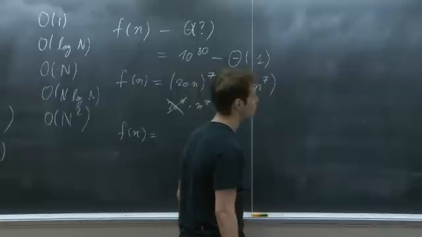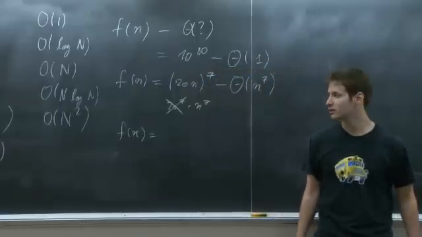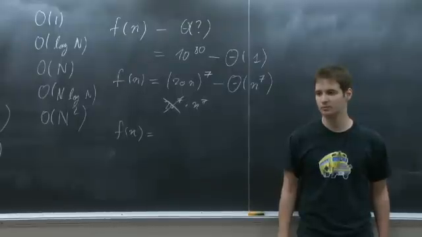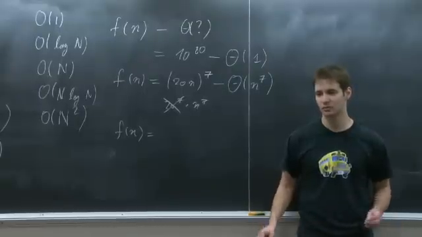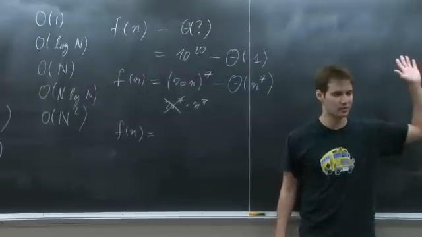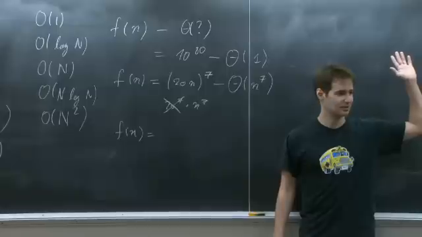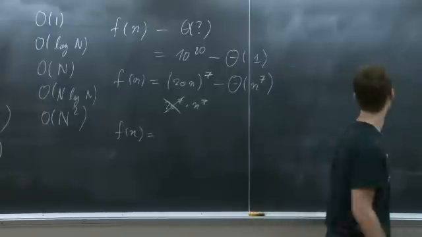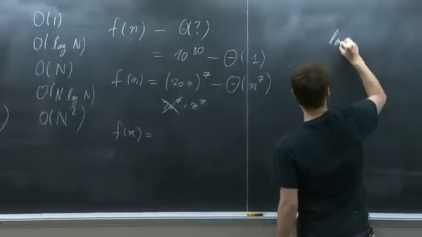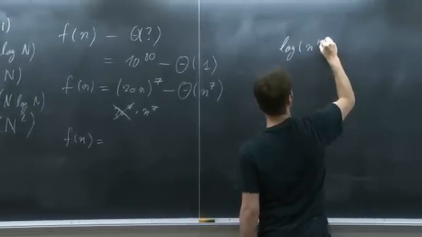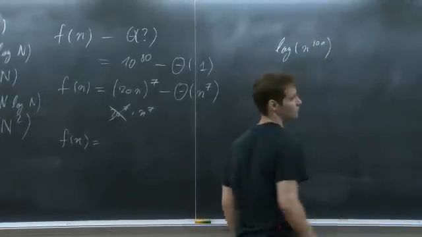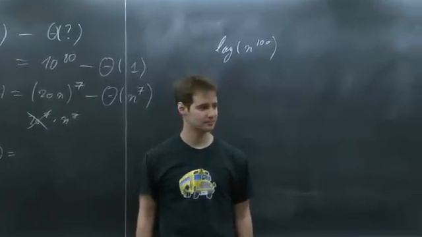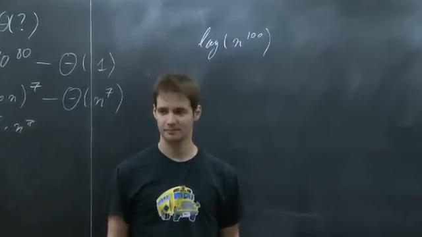Okay, and before I do another one, I want to give you some help and remind you about logs. How many people remember the laws of working with logs from algebra or some math class? All right, you will be helping me write them for everyone else. So if I have log of n to the 100, and I want to get to the theta notation for it, what is it and why? Log n.